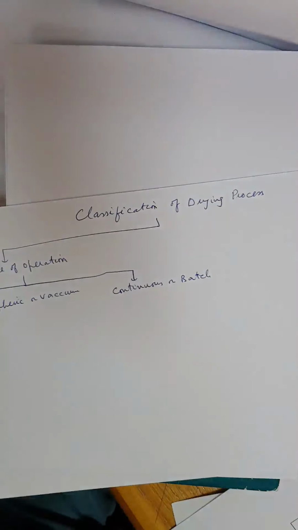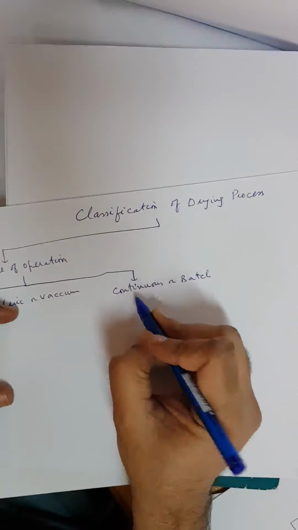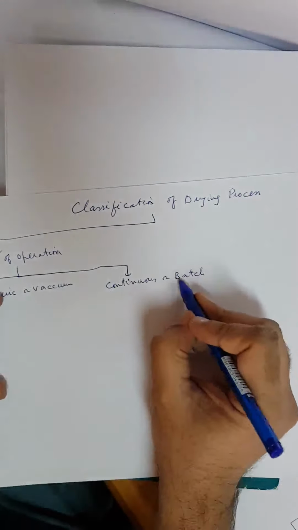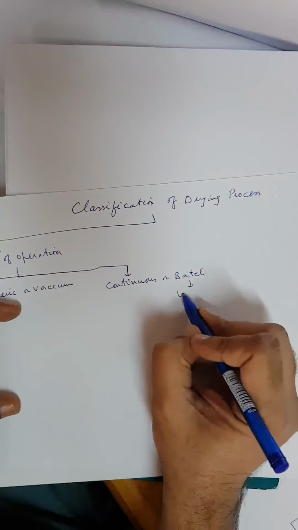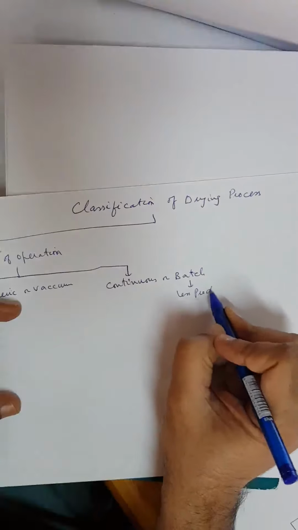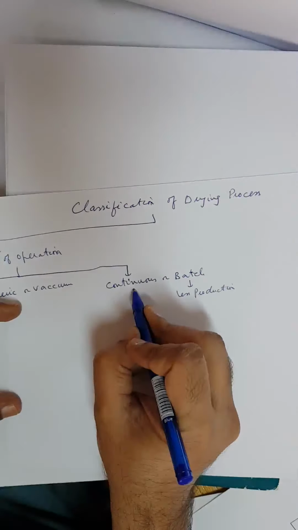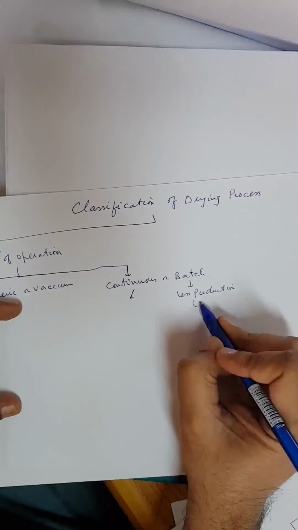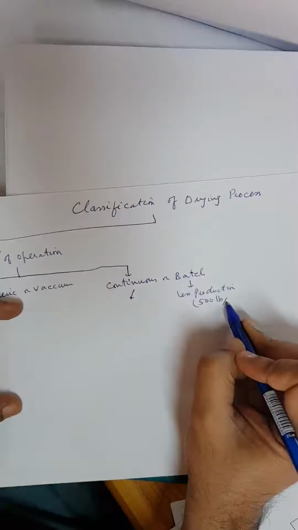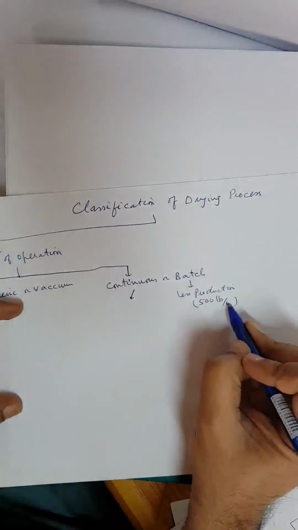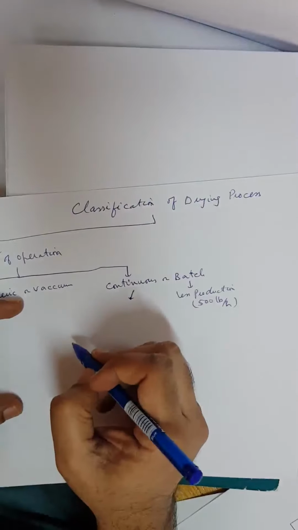Of course batch is for low capacity, so less production, like 500 pounds per hour production rate.